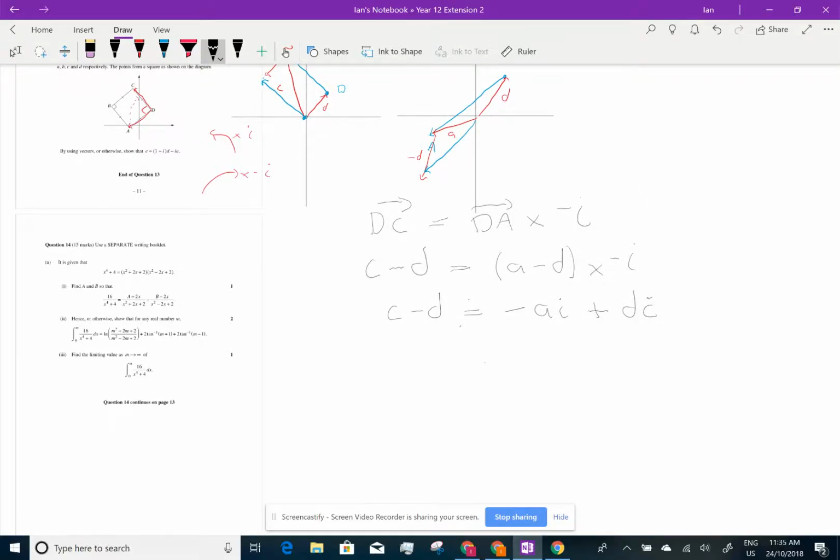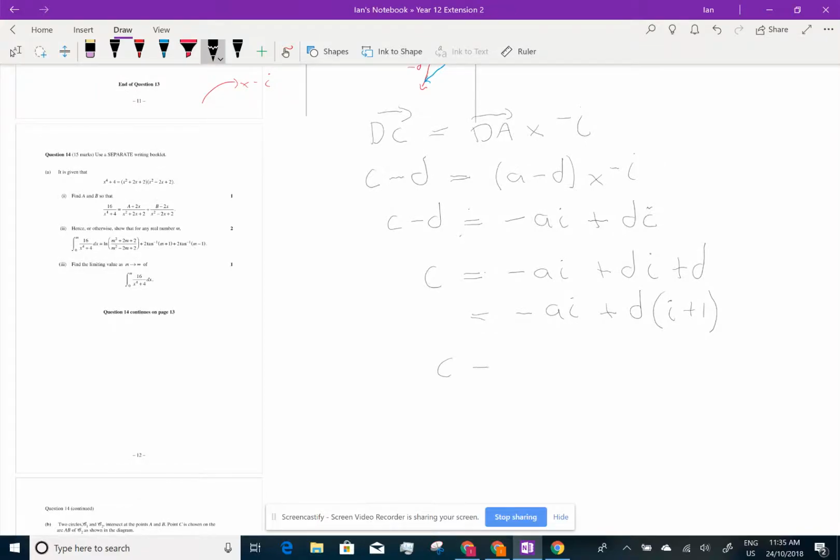Move the D over. So C equals negative Ai plus Di plus D. Factorise out the D's, so negative Ai plus D outside of i plus 1. Tidy it all up and we get C equals D(1 + i) minus Ai, which is what we wanted.